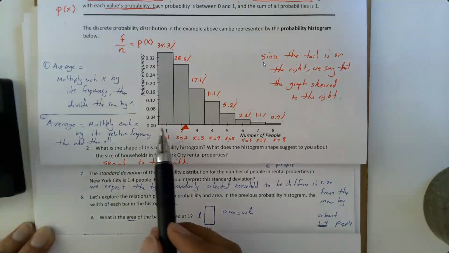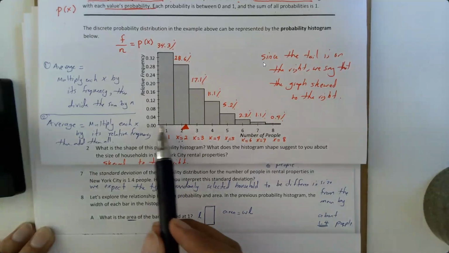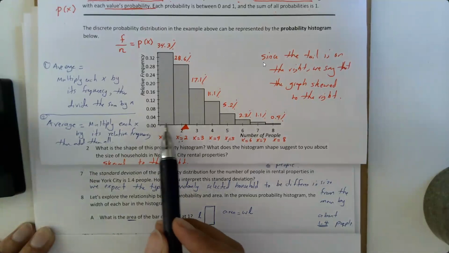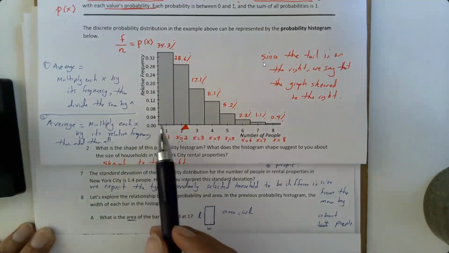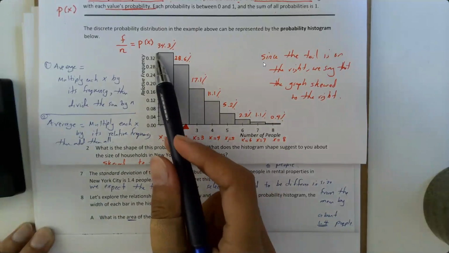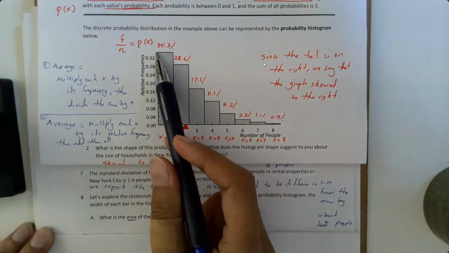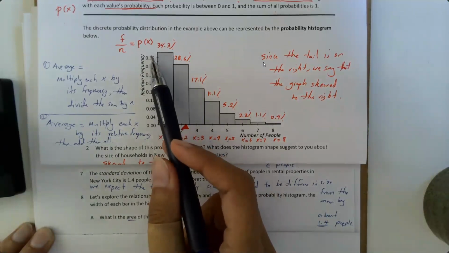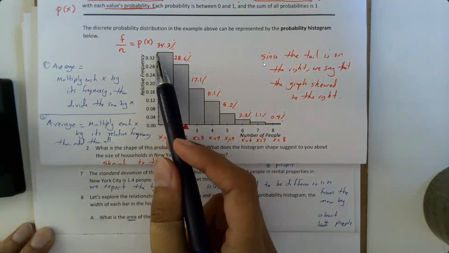We know that the measure of the width is 1 unit. For simplicity, we use 1 unit. So this is 1 unit times its length. The length is 0.343.